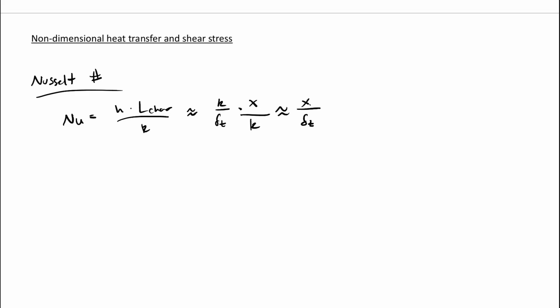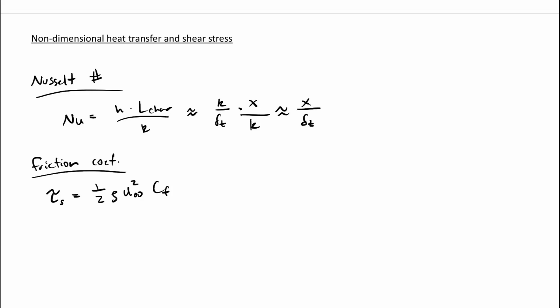Let's see, the friction coefficient. The friction coefficient is the other side of this problem. So, one definition: if we write tau, our shear stress, the actual definition of that is 1/2 rho U infinity squared times this CF, the friction coefficient.